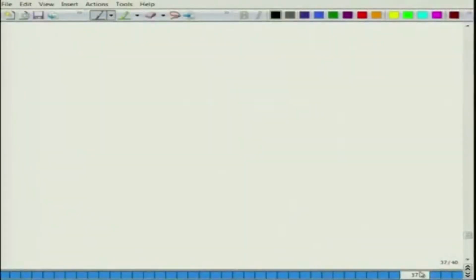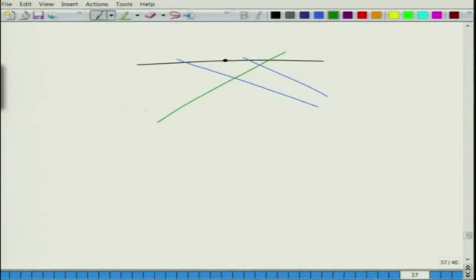So, now if we just look at that focal plane, from one side, one rim angle, it will have, let us say, this is the cone from the right hand side, and there will be another one from the left hand side.